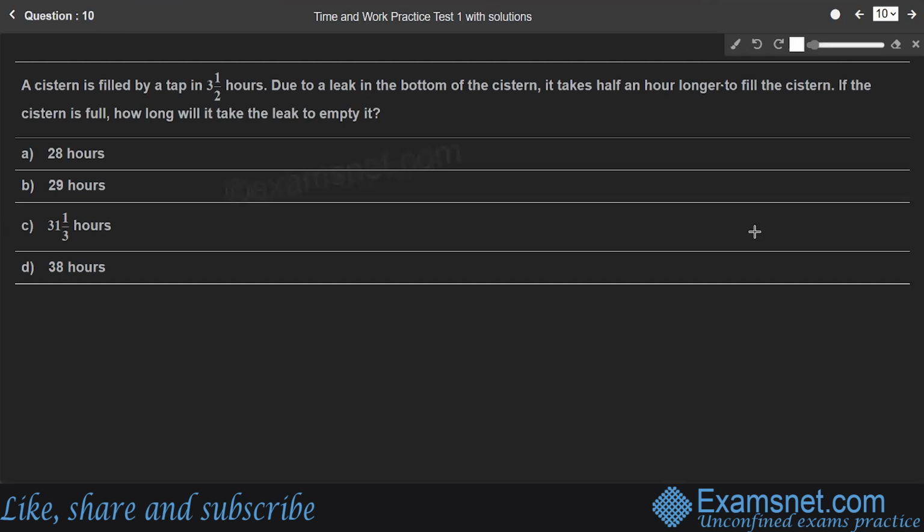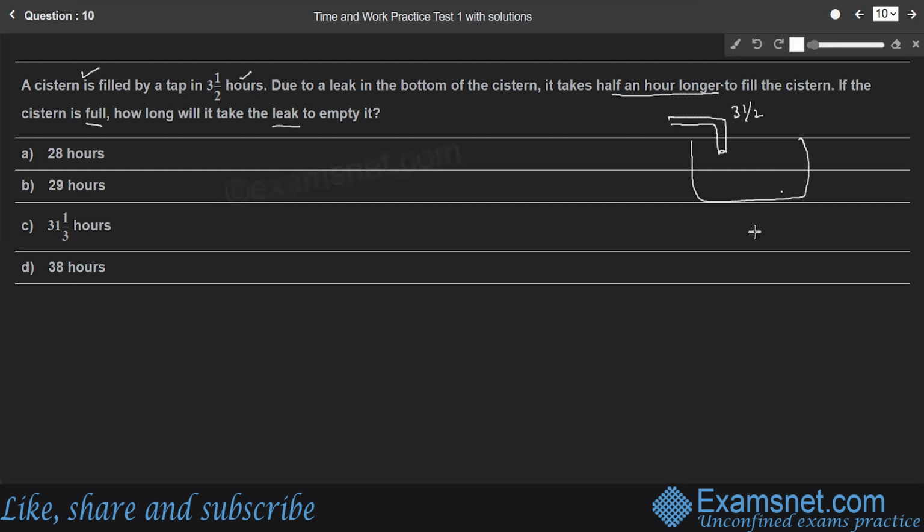Question number 10. A cistern is filled by a tap in 3.5 hours. Due to a leak in the bottom of the cistern, it takes half an hour longer to fill the cistern. If the cistern is full, how long will it take the leak to empty it? So students will consider a cistern, and a tap can fill the cistern in 3.5 hours. In ideal condition, it takes 3.5 hours to fill the cistern.